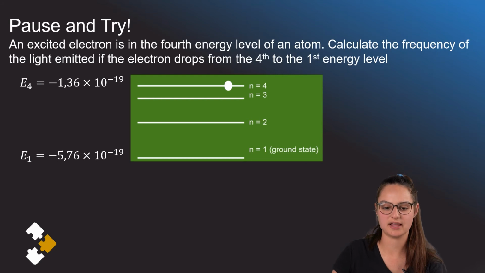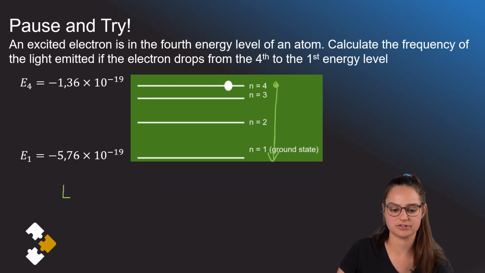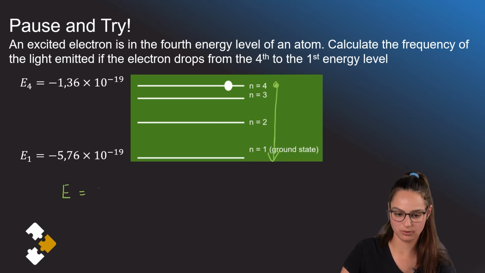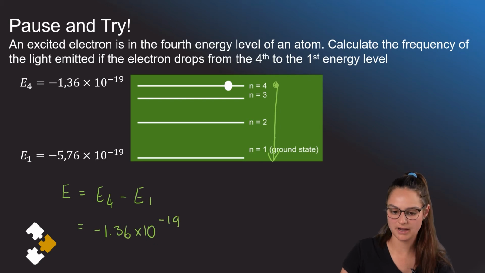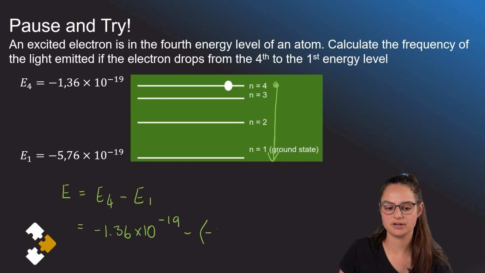So we're saying that our electron drops from the 4th to the 1st energy level. So if we work out the difference, this is going to be E4 minus E1, which is negative 1.36 times 10 to the negative 19, minus, and let's put this in brackets so we don't confuse our minus signs, minus 5.76 times 10 to the negative 19.